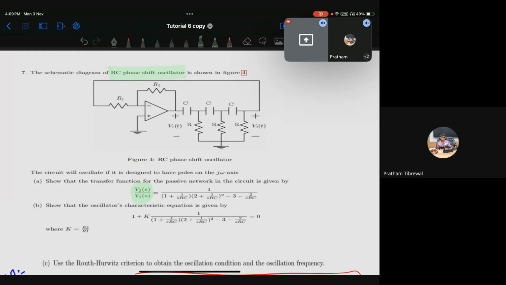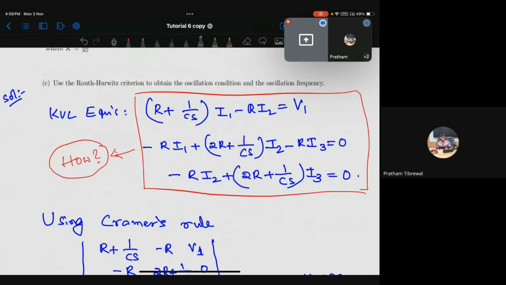First you write the KVL equations. I'm leaving that one to you. I gave the equations. Here our job is to find the transfer function or voltage gain V2(s) by V1(s).